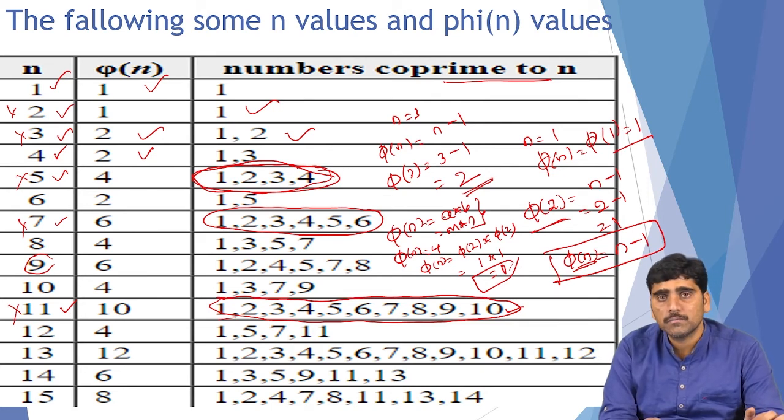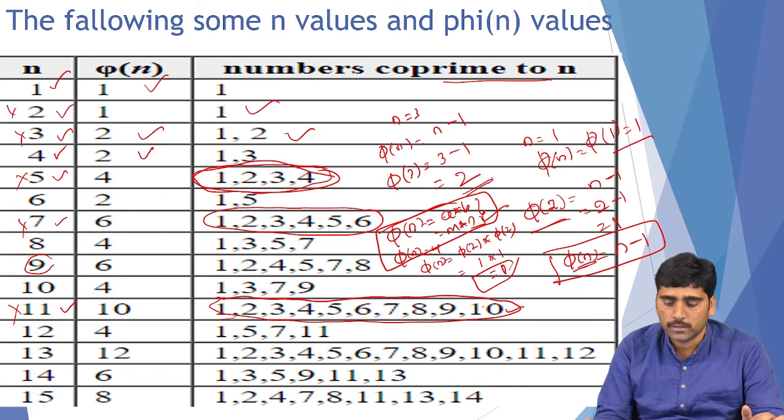But for composite numbers, some of them follow the formula phi of n equals phi of a into phi of b, or phi of m into phi of n. You can follow this formula, or else some of them have a different formula that we will discuss in the next slide.